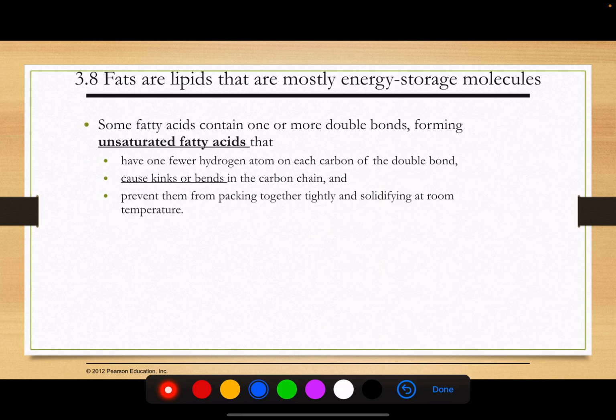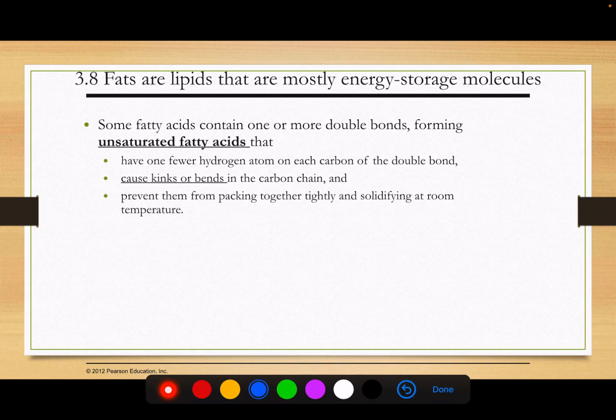Some fatty acids contain 1 or more double bonds. We call those unsaturated fatty acids, basically because they don't have as many hydrogens as they could possibly hold because of that carbon-carbon double bond. This does cause the molecule to kink or bend, so we get some different characteristics because they cannot pack tightly.